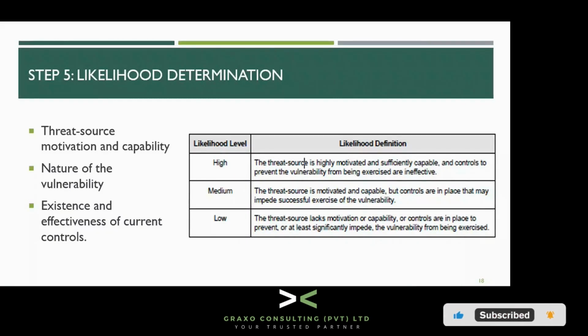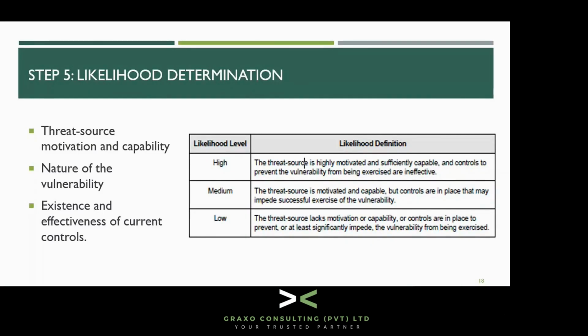Now moving on to the likelihood level low. The threat source itself lacks motivation or capability. It doesn't have the ability to exploit the vulnerability or the weakness in the system. And we have controls in place to prevent or at least significantly impede the vulnerability from being exercised.